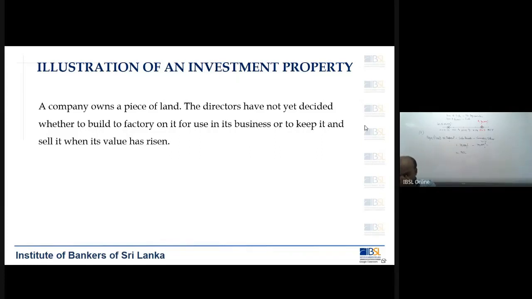Okay, so this has 3 parts. A company owns a piece of land. Now the question is, we want to determine whether this piece of land is an investment property or not. In order to decide, they are giving some information. The directors of the company have not yet decided whether to build a factory there.